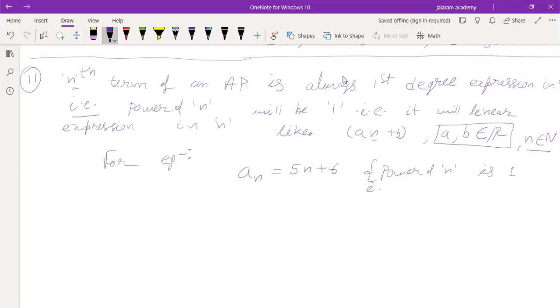That is, this is a linear expression in n. Or we can say that this is a first degree expression in n. They are the same things.